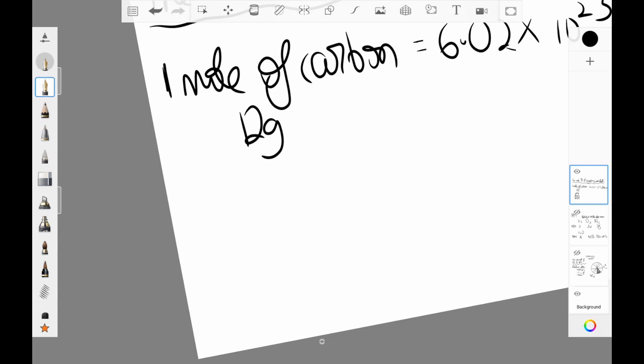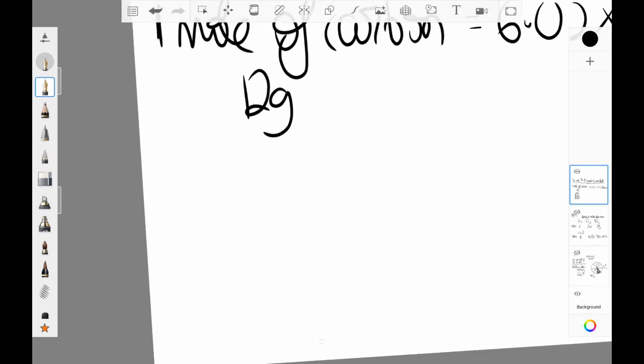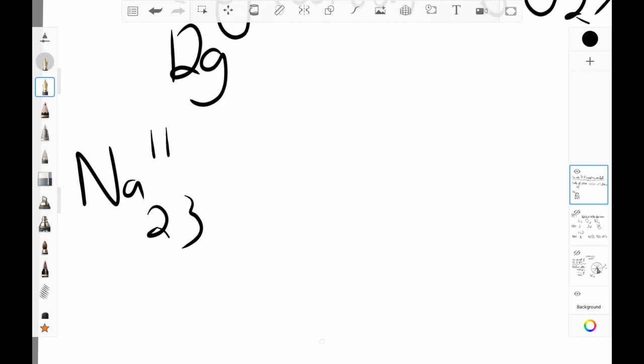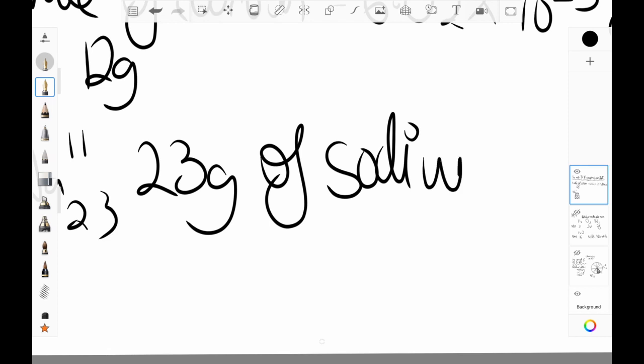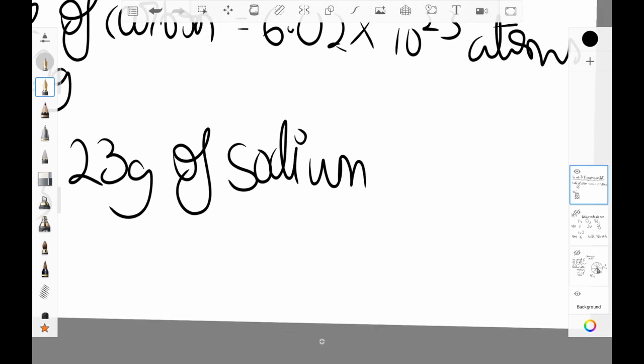In the case for, again, sodium, let's say, Na, 23 grams of sodium contains 6.02 times 10 to the power 23 sodium atoms, meaning that 23 grams of sodium is 1 mole of sodium.